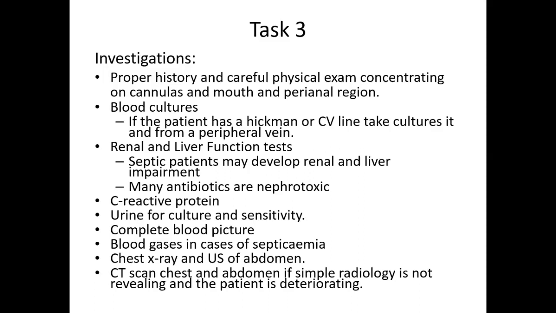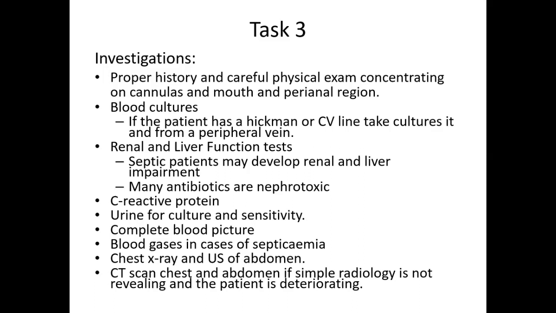We need to check the renal and liver functions, and we send for C-reactive protein. It is increased in patients with bacterial infections. We need to check for cultures from other sites like the urine for culture and sensitivity.